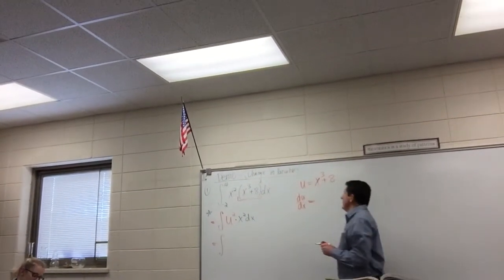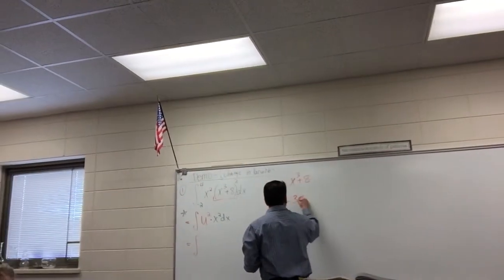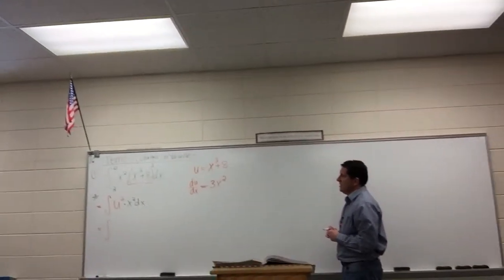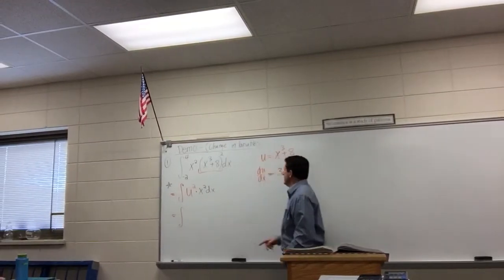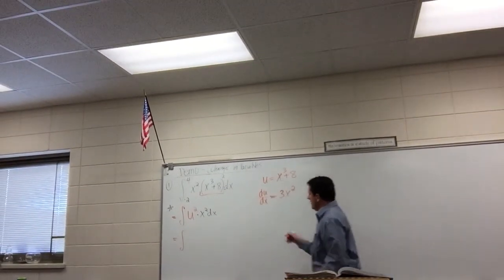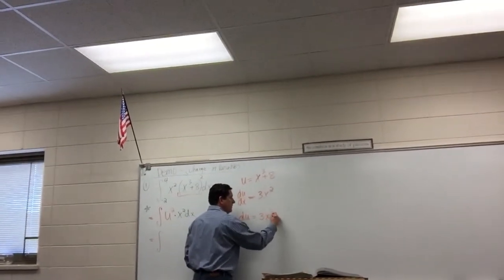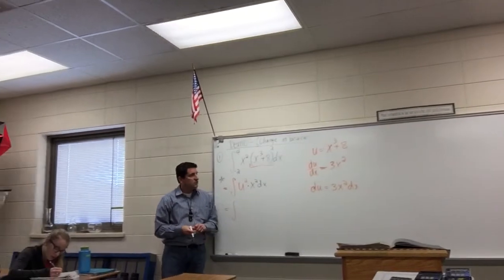All right, so the derivative of U with respect to x is 3x squared. And then we're trying to match an x squared dx in order to replace it. So we just do a little manipulating here. So I got du is equal to 3x squared dx.